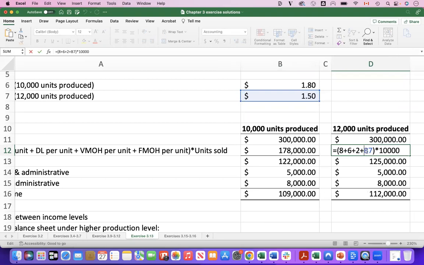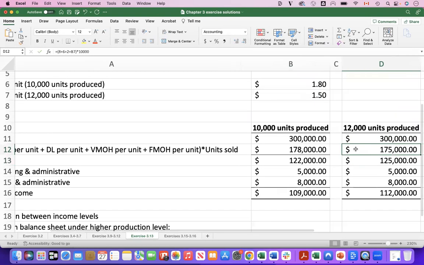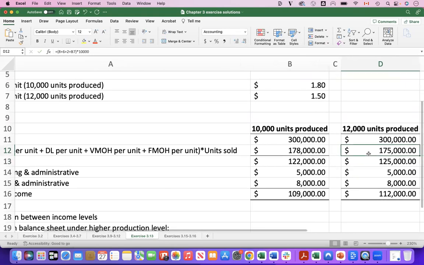What differs is now we're using the fixed manufacturing overhead per unit at this activity level, which we calculated to be $1.50 per unit, not $1.80 like it was at 10,000 units. Because of that, that drives down our cost of goods sold from $178,000 to now $175,000. So there's a $3,000 difference there.